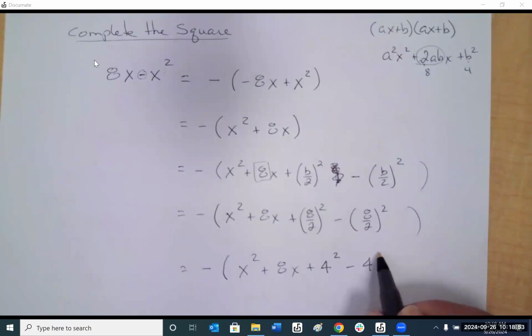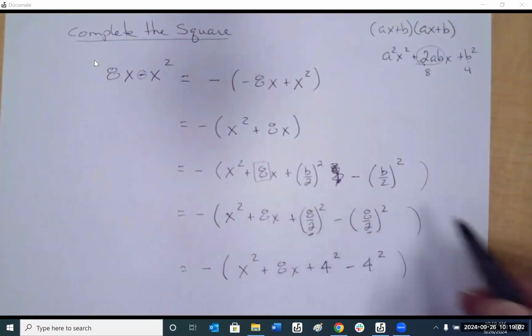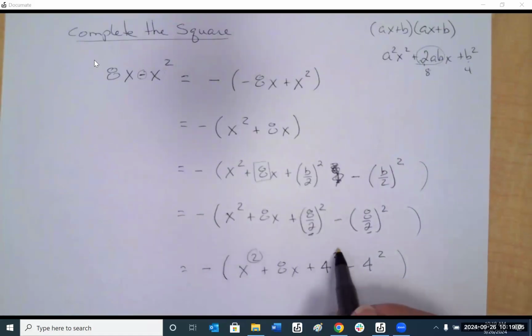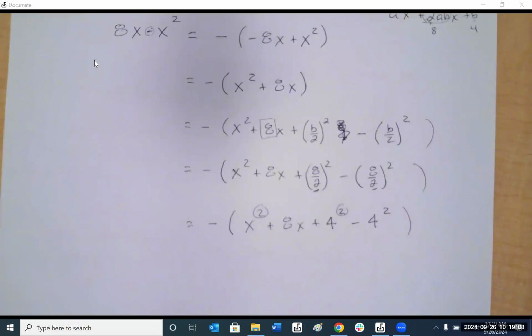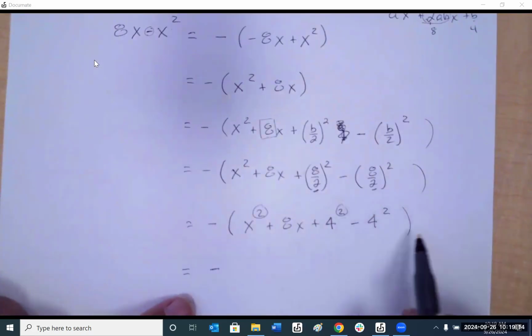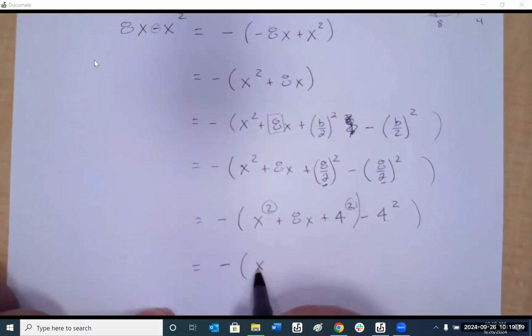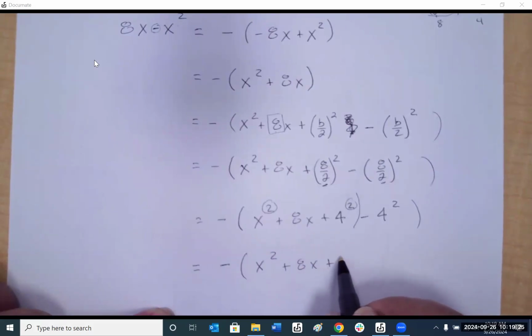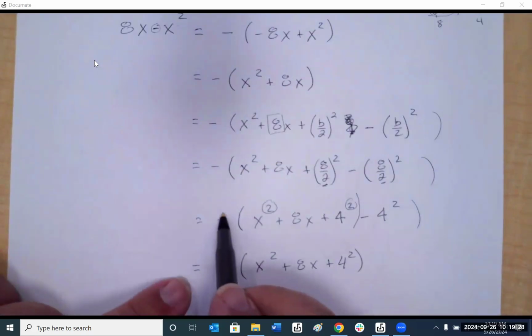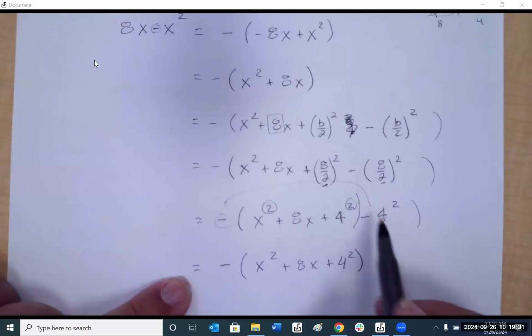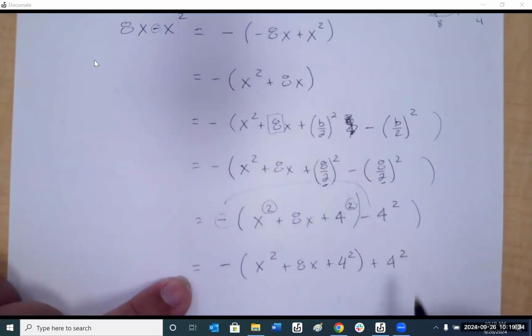Do not work them out just yet. Don't square them, because you notice we have to have our first and last term squared. So now I can separate these. So I have x squared plus 8x plus 4 squared, and this negative goes here, so it becomes a plus 4 squared.